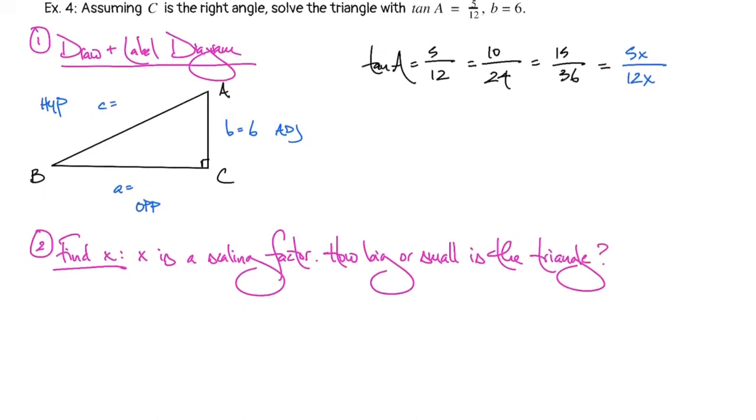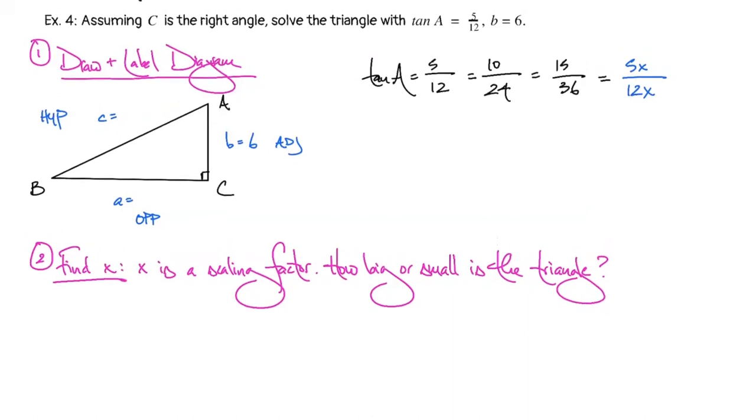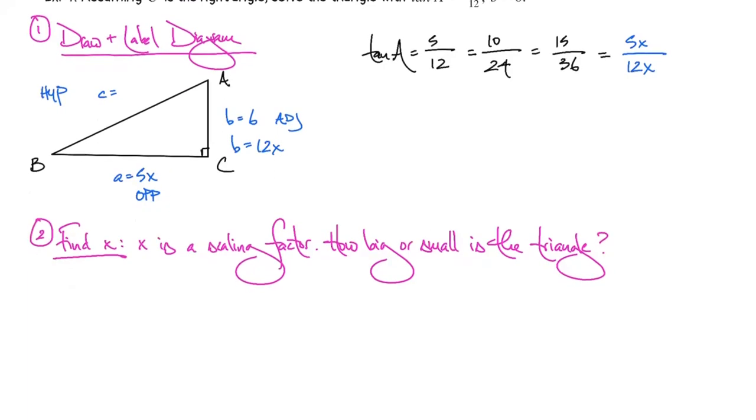We're going to set up the Pythagorean theorem with this scaling factor. And let's just see what we have here. A, we can say is 5x. B, we can say is 12x. So in the last problem, we used the Pythagorean theorem, and we said a squared plus b squared equals c squared. And we plugged in the things we had.